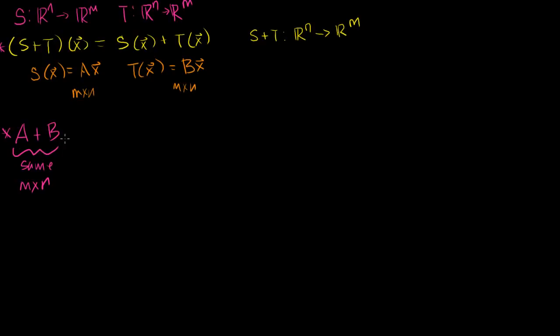And we defined this addition to be a new matrix where each column of this matrix is the sum of the corresponding columns of these matrices. So this matrix's first column will be the sum of A's first column and B's first column. So A1 plus B1. The second column, I'll do a little line here, is A2 plus B2. And it goes all the way to An plus Bn.